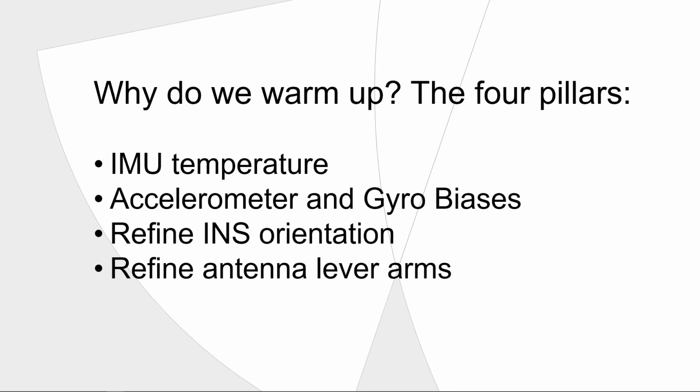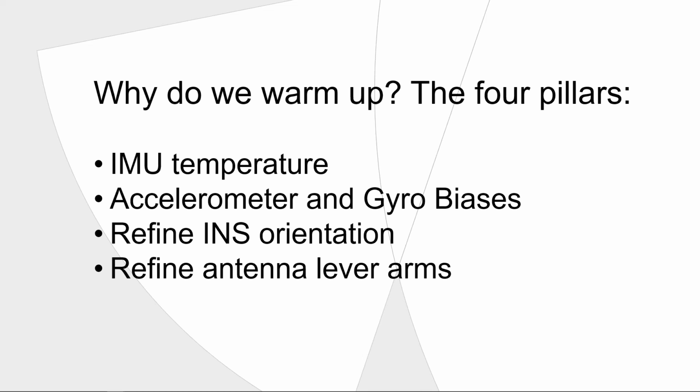Next is our accelerometer and gyroscope biases, and these are estimated by our Kalman filter, our navigation engine, and again, the output varies between accelerometers and gyroscopes depending on what the biases are.